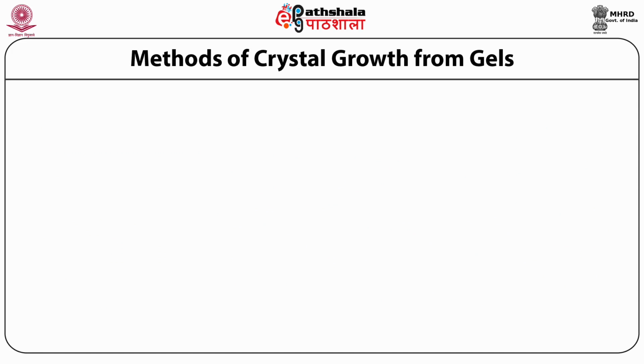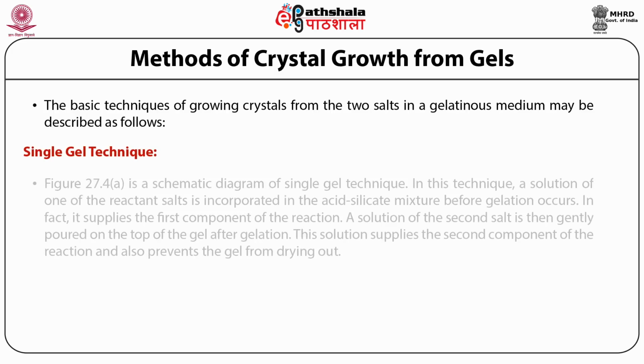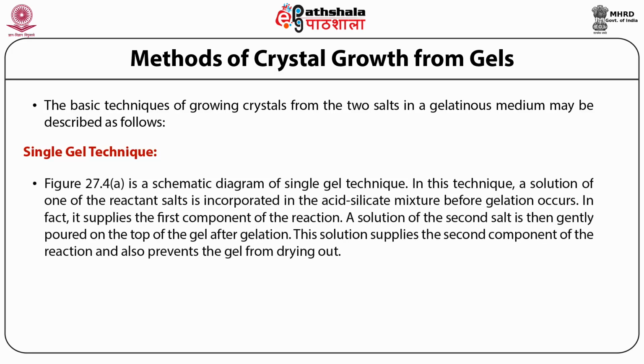Methods of crystal growth from gels. The basic techniques of growing crystals from two salts in a gelatinous medium may be described as follows. Single gel technique. Figure 27.4a is a schematic diagram of the single gel technique.